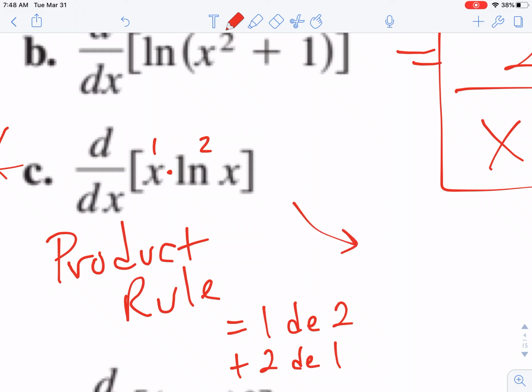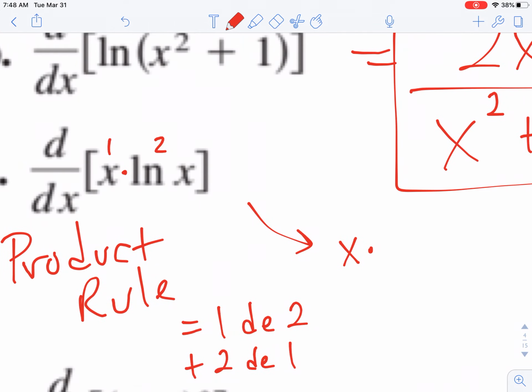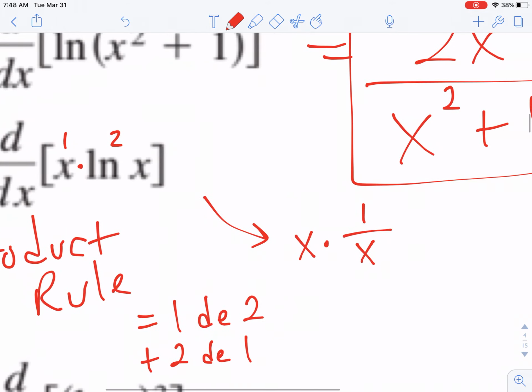So the first thing is x times the derivative of the second thing. So the derivative of ln x is the derivative of what's inside the ln, which is really just a 1 for this example, divided by what's inside the ln, x. So that's the first half of our product rule, 1 d2, plus 2, the second thing, which is ln x, times the derivative of the first.